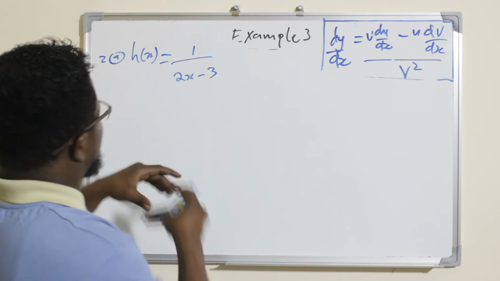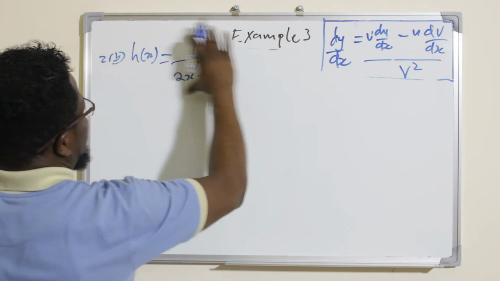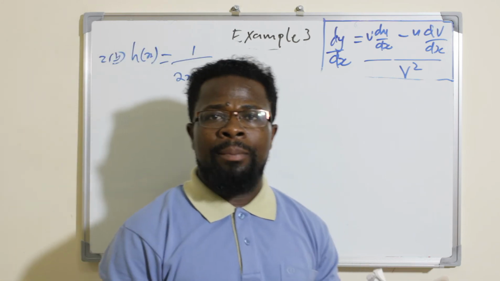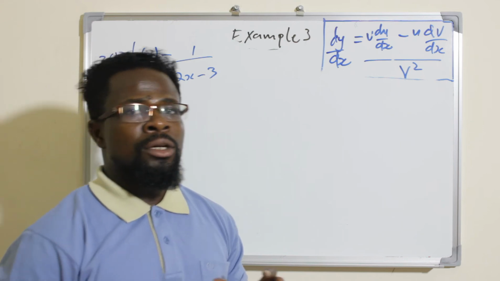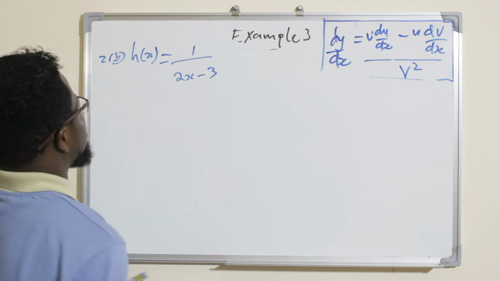Okay, let's look at 2b. This was the function that we were given. In 2b, we have to apply any formula apart from the quotient rule now. So I can look at the function and ask which formula.